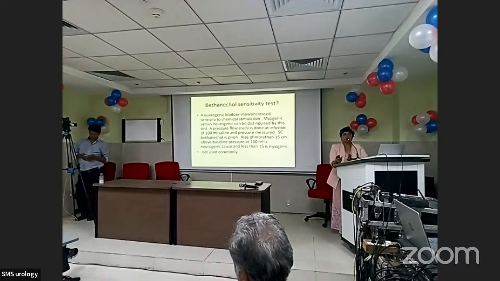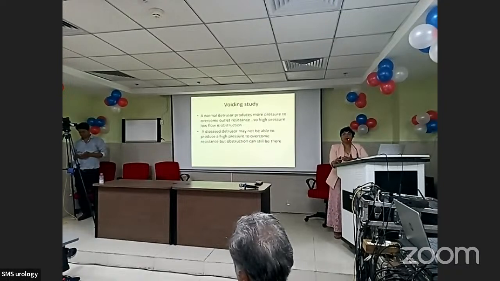But suppose we are trying to find out whether this patient has a detrusor problem or a neurogenic problem, maybe his bladder pressure may be 15 or 20. Any rise above this by 15 centimeters we will label as a neurogenic problem. And if it doesn't show a rise, or if the rise is less than 15, it is a myogenic problem. So you understood? You just understand the basic things about this test, and as we go ahead, we will tell you more intricacies.